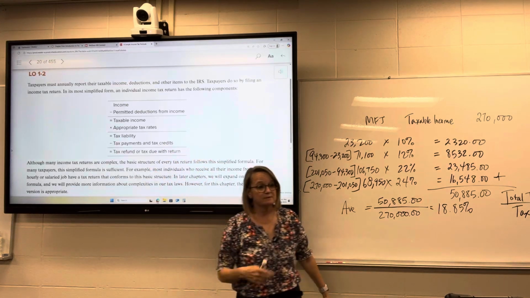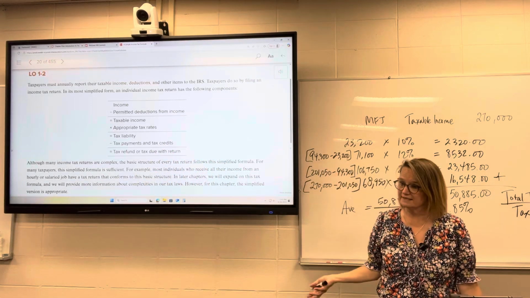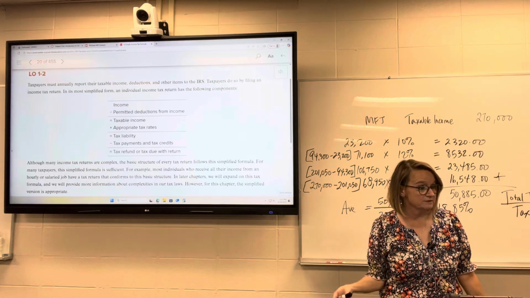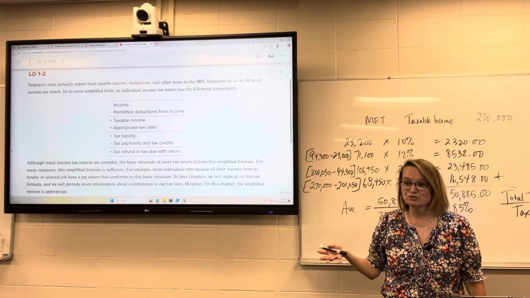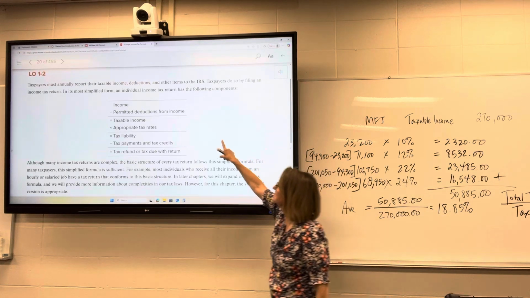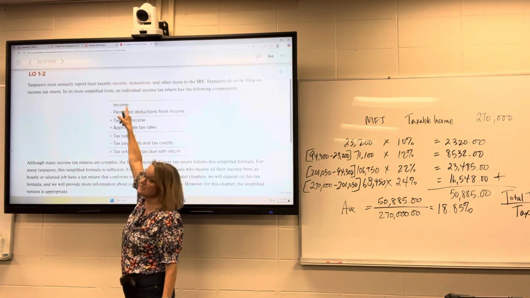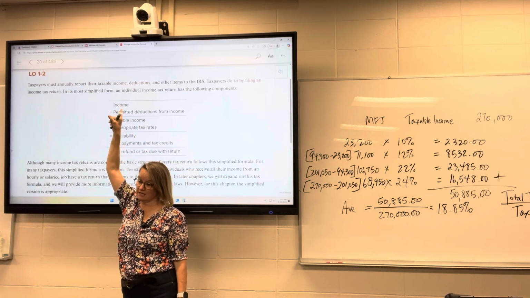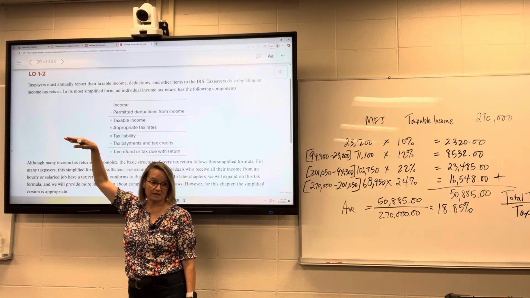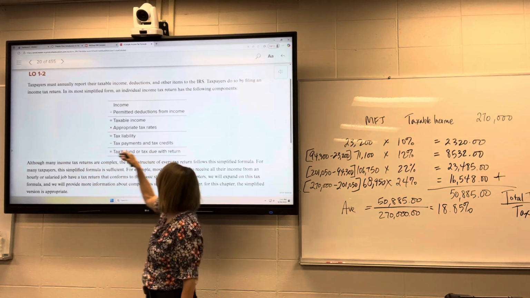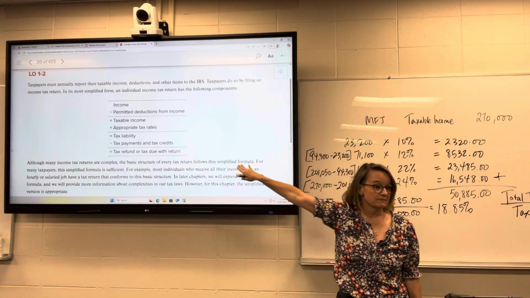And we're also going to subtract some tax credits if they're entitled to them. Tax credits are different from deductions. Deductions will reduce income. You subtract it from the income. Credits, you subtract it from the tax.